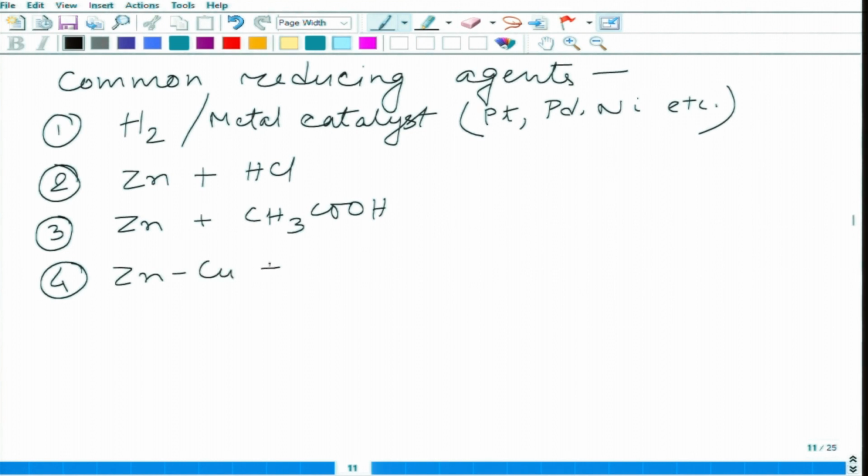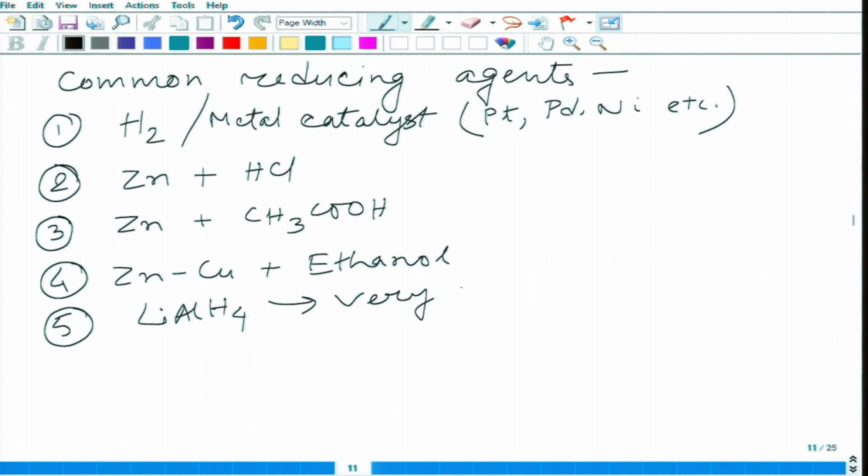Zinc copper plus ethanol. Lithium aluminium hydride. This is a very strong reducing agent. Okay. Then sodium borohydride.